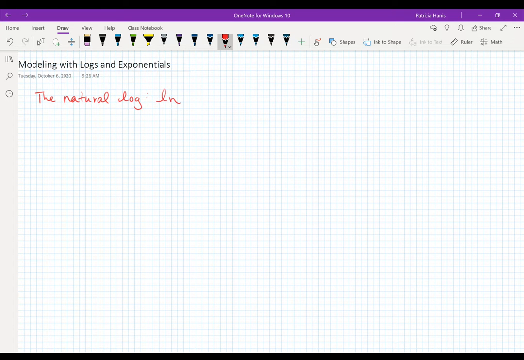As you know, a logarithm has a base. We're used to base 10, base 2.